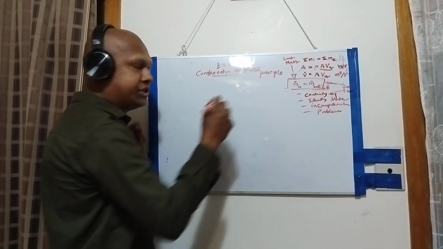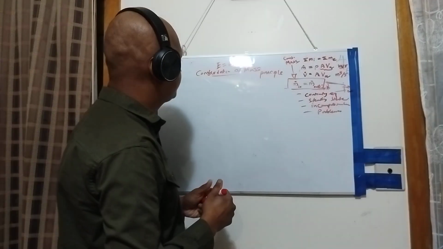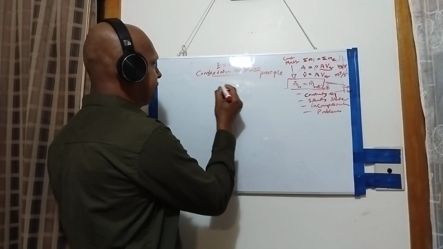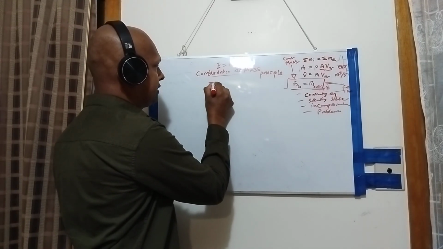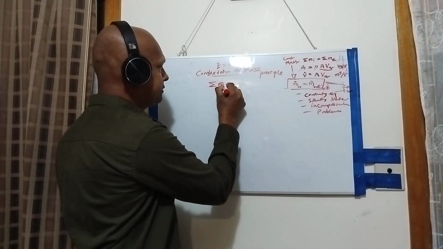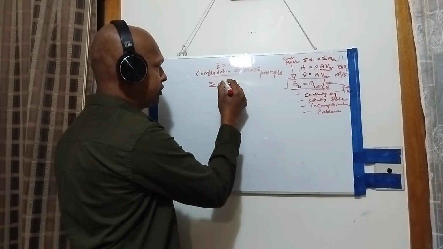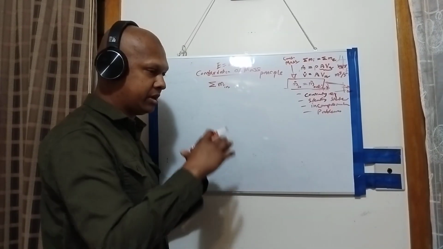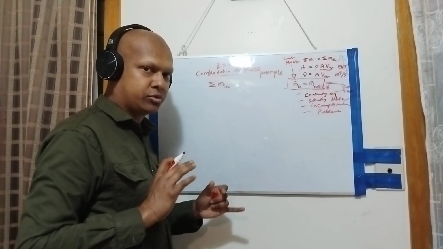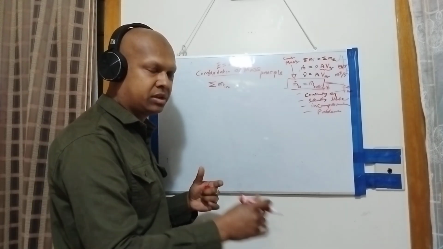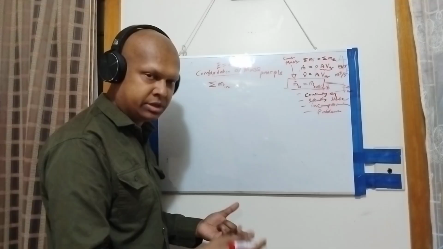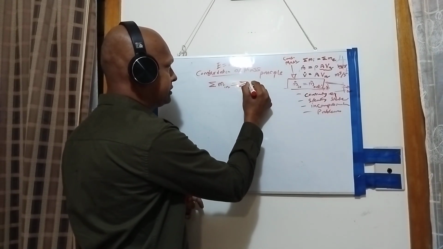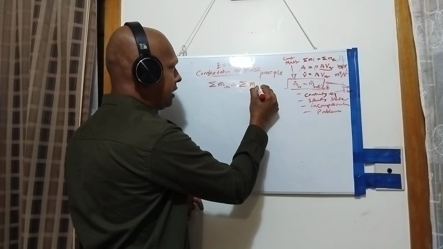So that's the major topic that we learned in our last video. Whatever geometry we are in, if it is a volume, the mass flow rate going in would be equal to the mass flow rate coming out.